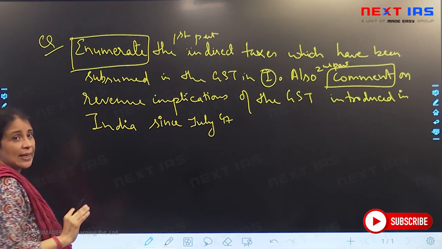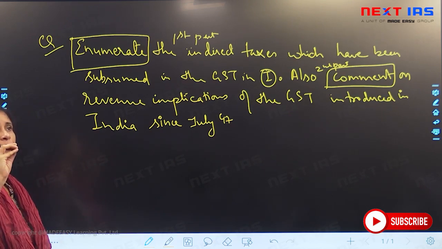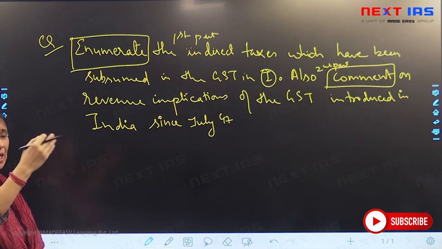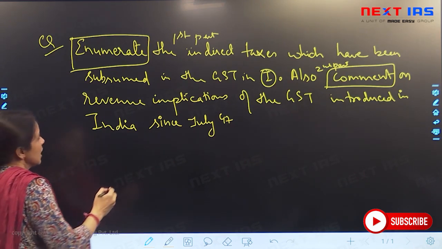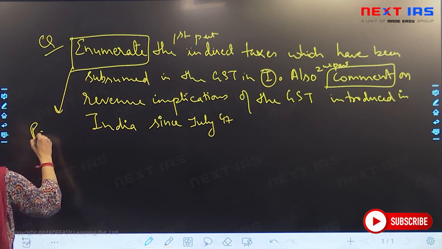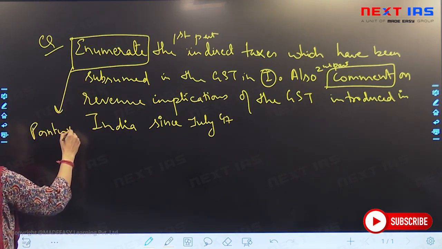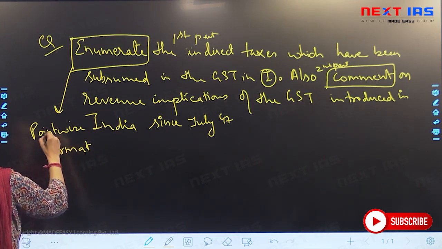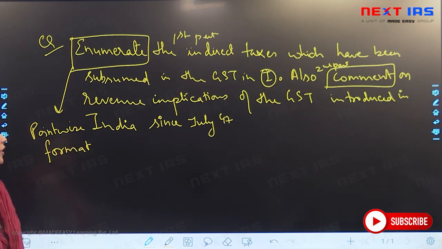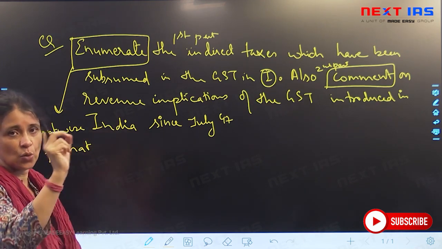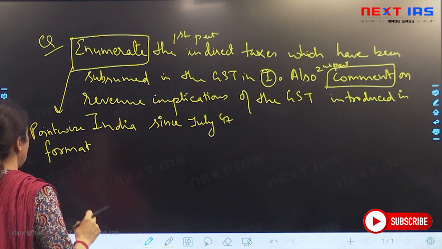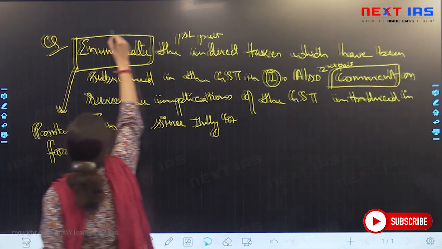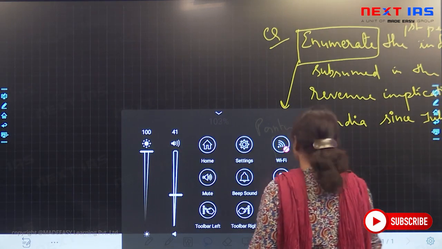Whenever it is enumerate the features of the national cyber policy, or enumerate the features of the national education policy, enumerate means you have to write point wise, in point wise format one by one, you have to give the features. So enumerate the indirect taxes: 1, 2, 3, 4, one by one, point wise format. So that is when it is enumerate.